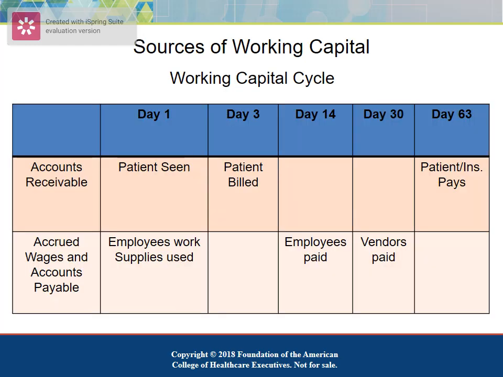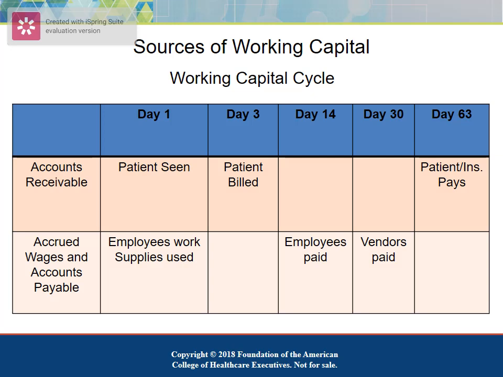So when we look at sources and spending of funds, we can look at a cycle of that. And here is a cycle from day 1 to day 63 from your book, looking at both sides of the equation. The first thing is current assets, with accounts receivable being the big part of that.